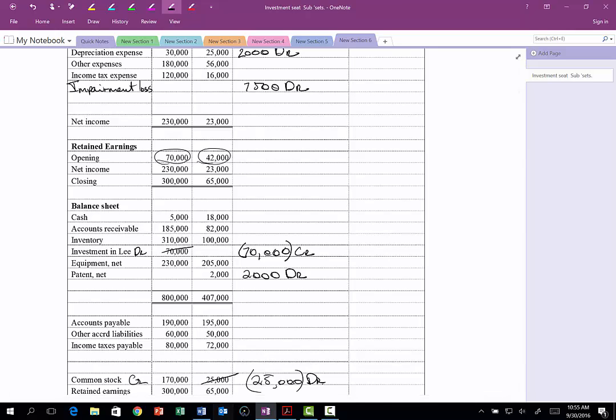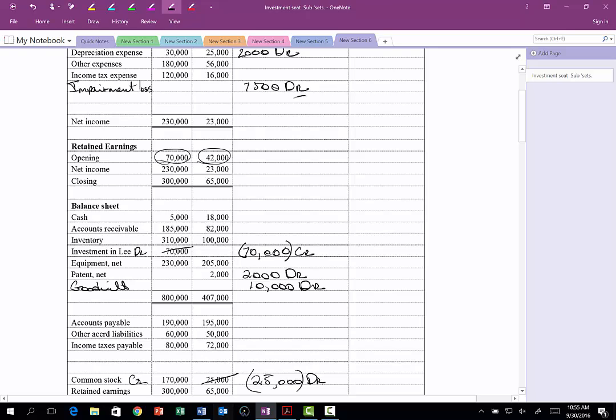After we've amortized them, these are the fair value bumps that we're doing based on what's left. So for the patent, we have to debit it for $2,000, and we need to set up goodwill. Because of the impairment loss, remember in the past, years 4, 5, and 6, we would have set that goodwill up at $17,500, its original amount. But because of the impairment loss in this year, we're only setting the goodwill up now for $10,000.